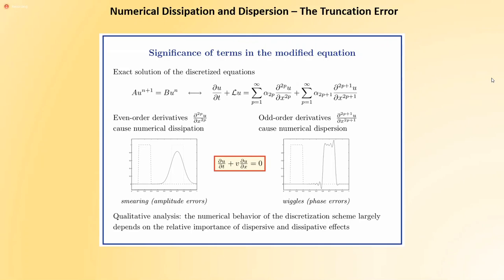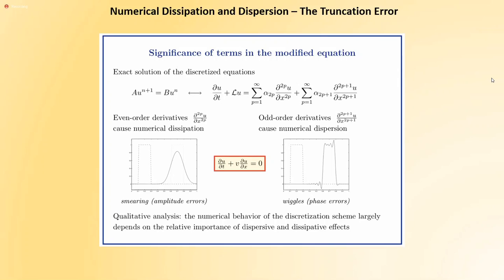Usually, the higher the order of the discretization we take, the lower the truncation error is, of course.